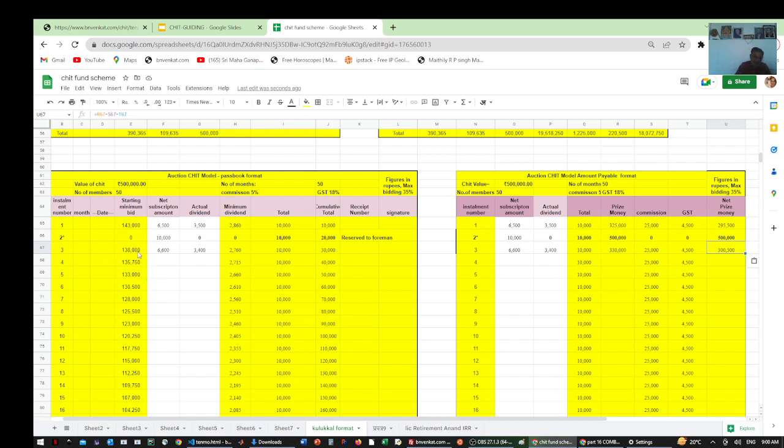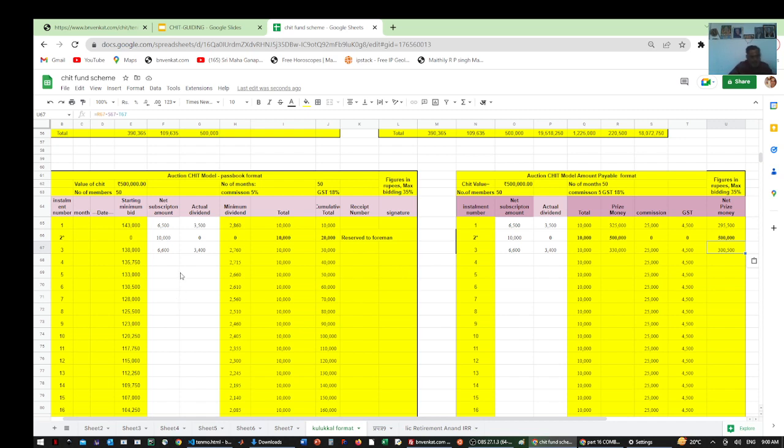From here one can start and the next bidding can be 1,37,000 rupees, and next is 500 rupees more, 500 rupees more, and so on. Like that, when we end up with 1,40,000, that means subscription will be 2,800 and so on.